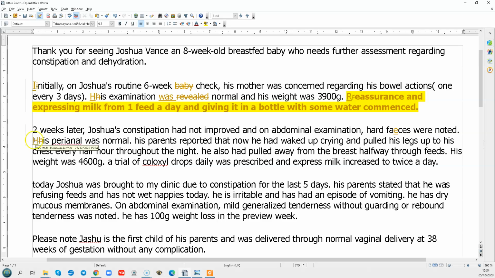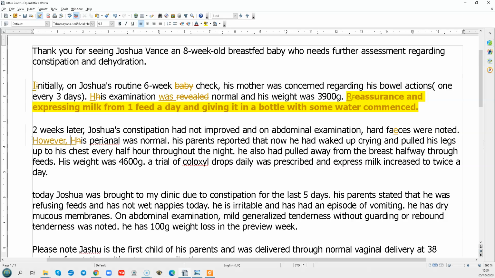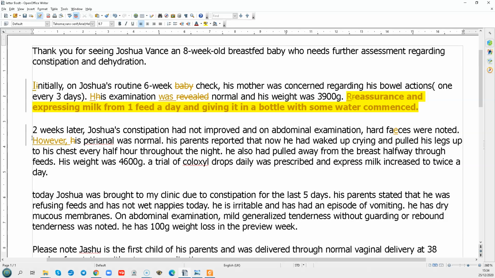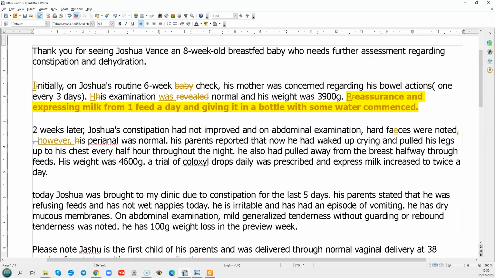Hard faeces were noted. You could do it like, however, as a contrast, his perianal was normal. Yeah, make it part of the sentence. So instead of having that very short, simple sentence, which seems to just come out of nowhere, join it to the previous one, if it's a contrast. So hard faeces was noted, however, his perianal was normal.